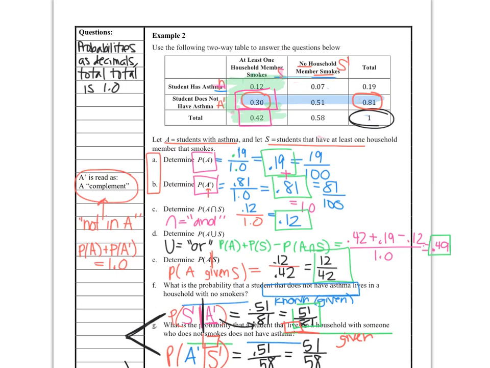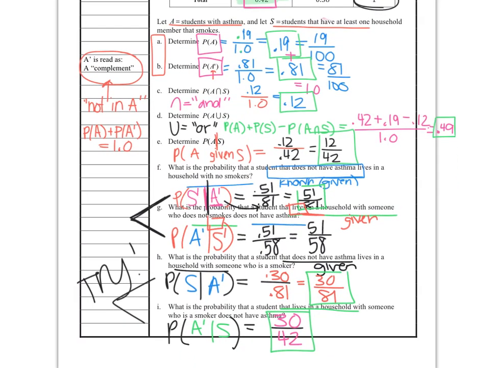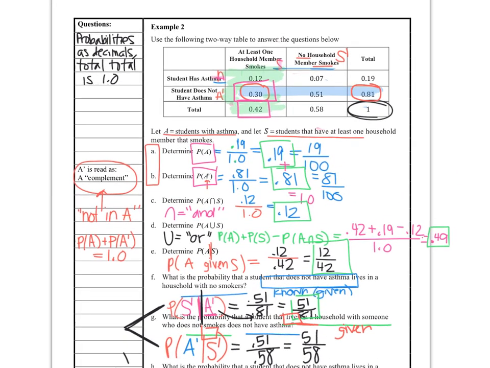Then the next one in part I has us looking at the probability that a student that lives in a household with someone who smokes, so given the smoker household, does not have asthma. So given smoker, what's the probability that they are not asthmatic? So given smoker has to be on the bottom. Out of all the smokers, how many are in a smoker household?